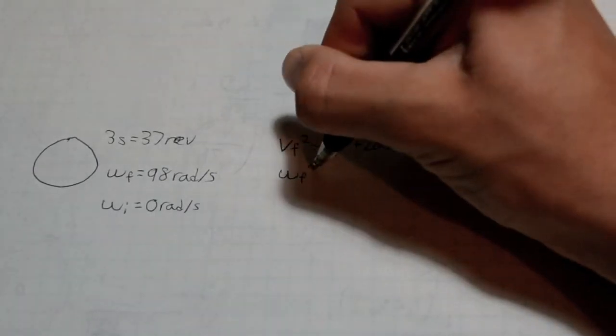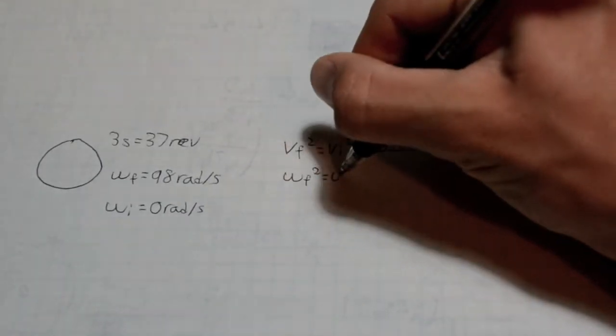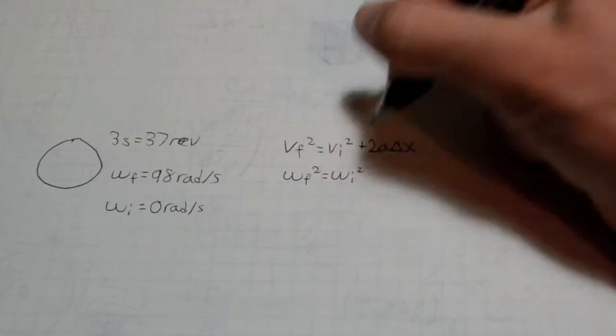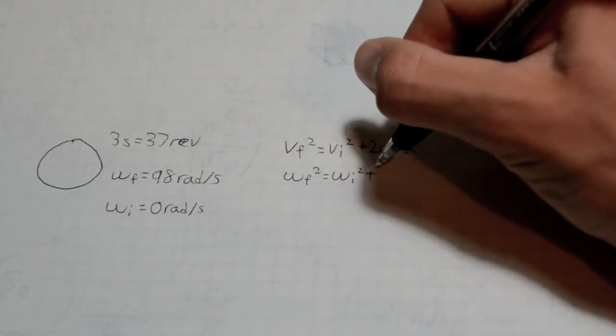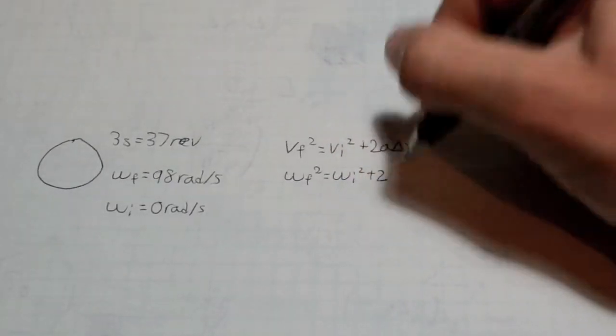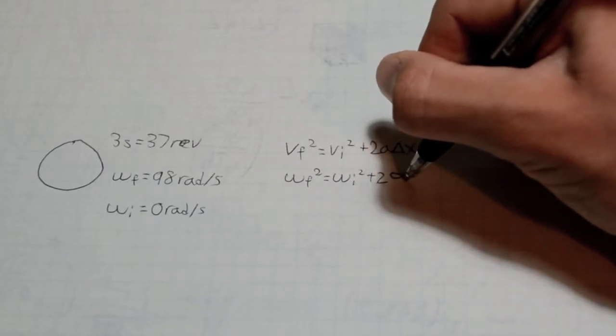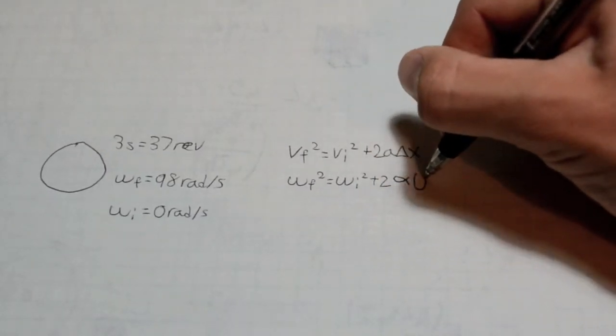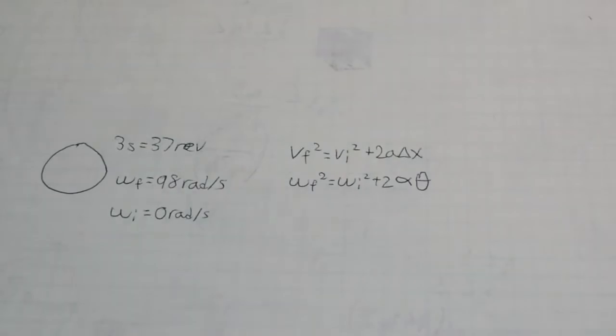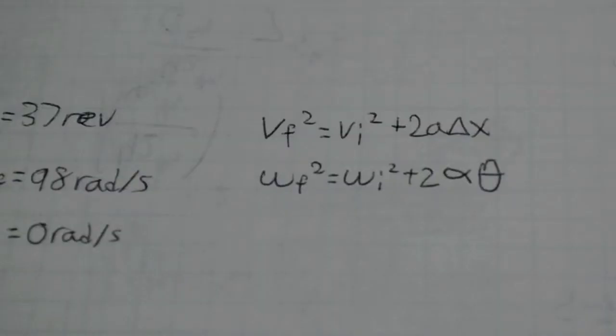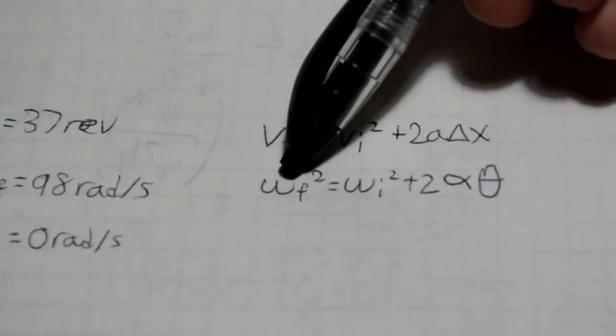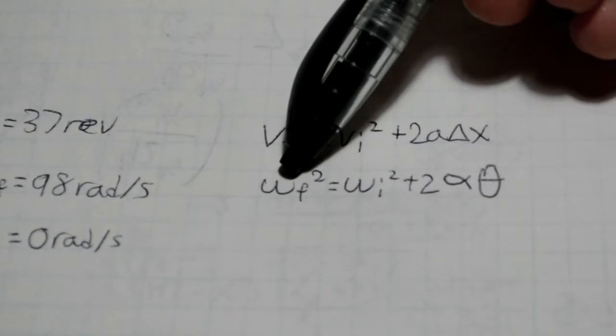Omega final squared equals omega initial squared plus 2 alpha theta. So what does all of this mean? This W is called omega. That is your angular velocity.